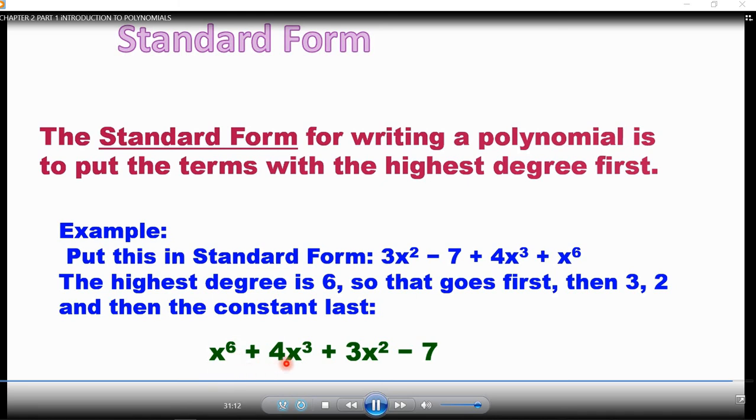The next term should have the power 3, because it is the next lower degree. And then the third one should be 3x squared, because again the power 2 is lower than the power 3. And finally the constant term should be there. This is called standard form for writing a polynomial.